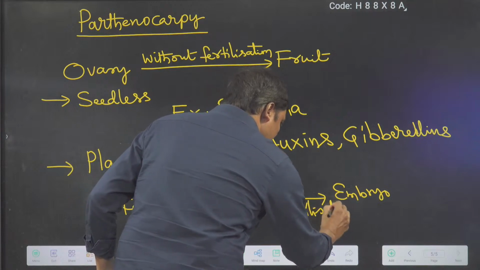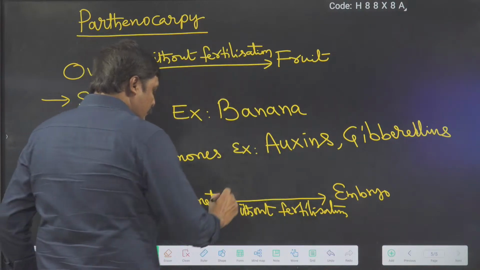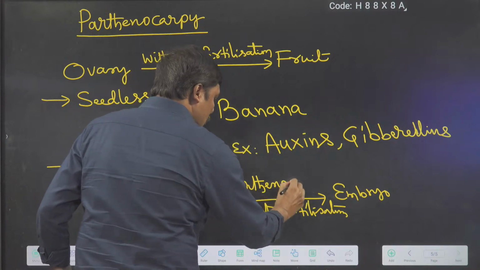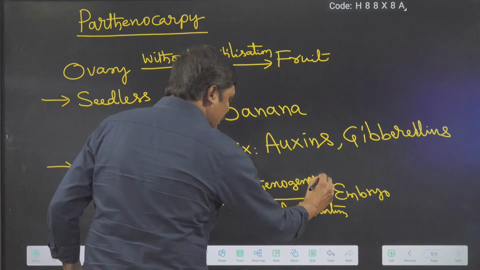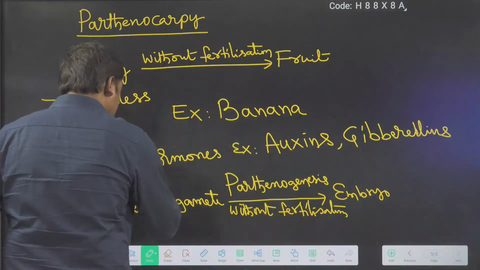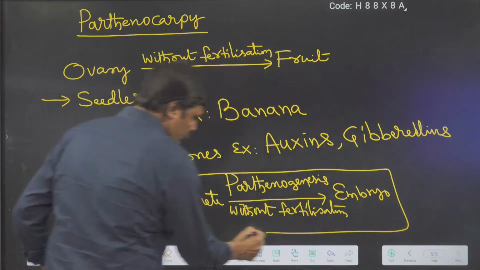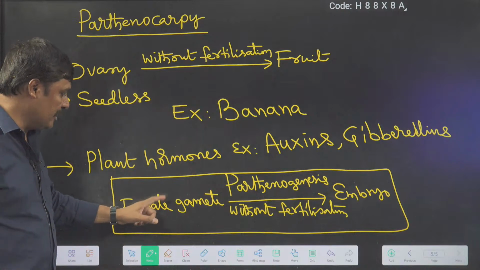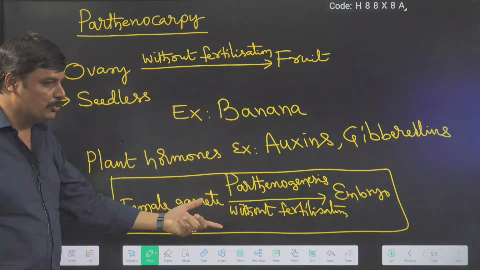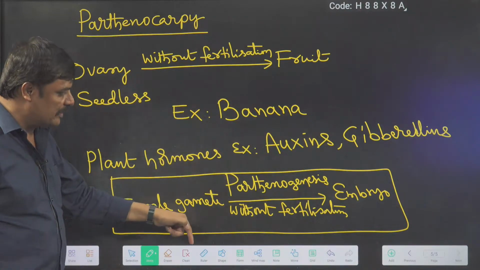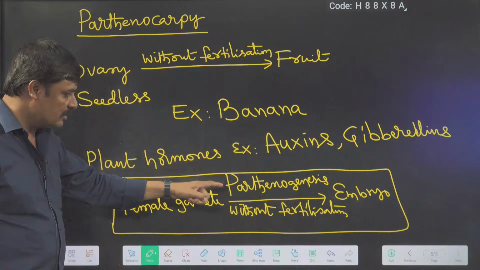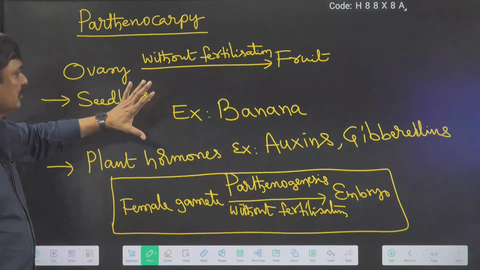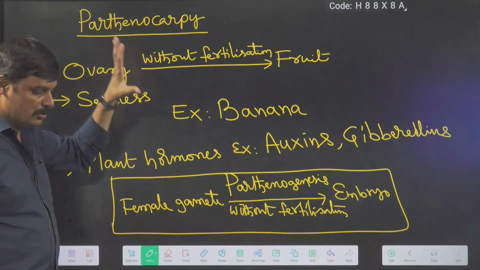This is completely different. Don't confuse. Development of female gamete directly into embryo without fertilization is known as parthenogenesis. So this is about parthenocarpy.